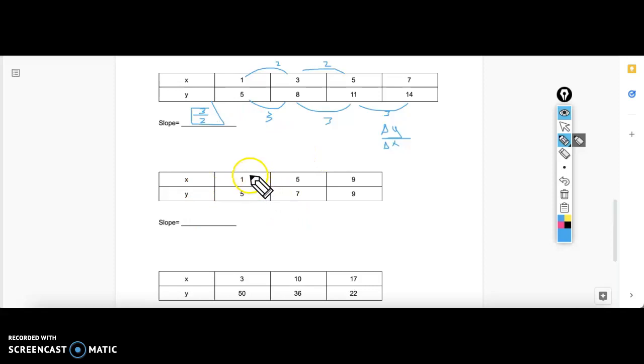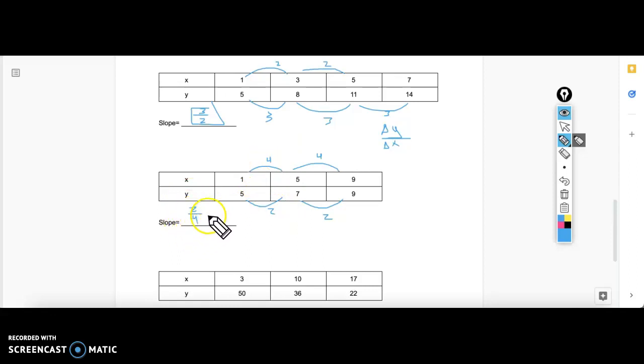Looking down here, from here to here is a 4, from here to here is a 4, from here to here is 2, from here to here is 2. So again, a lot of people want to write 4 over 2, but remember, it's change in y. So we're going to put our y first, which is 2, over our x, which is 4.